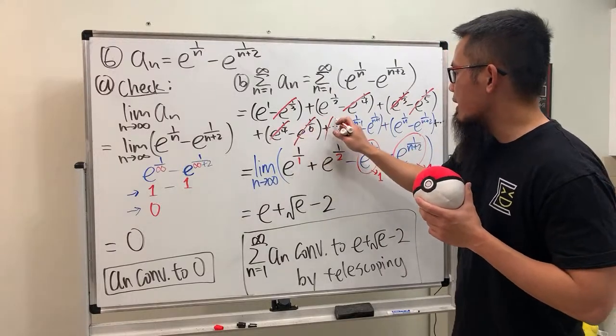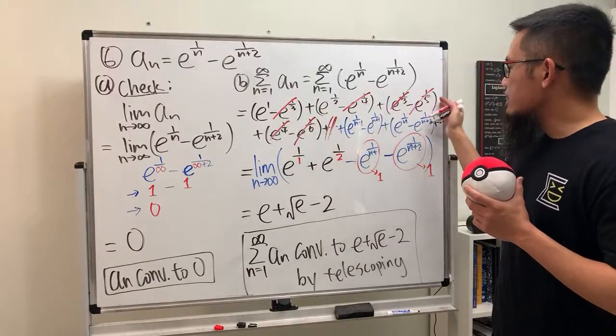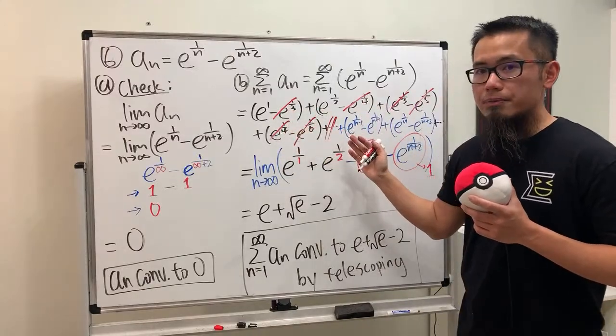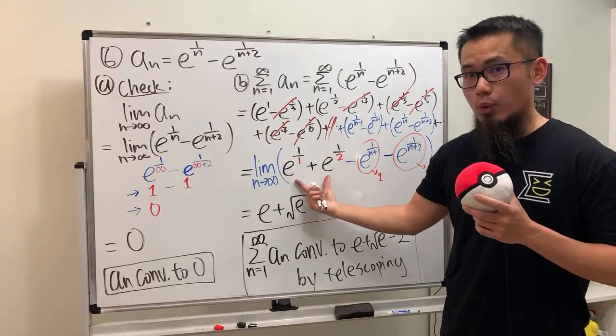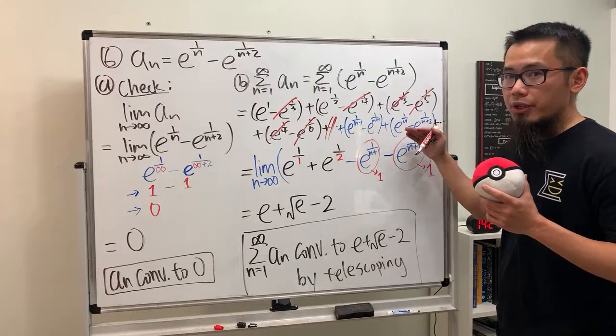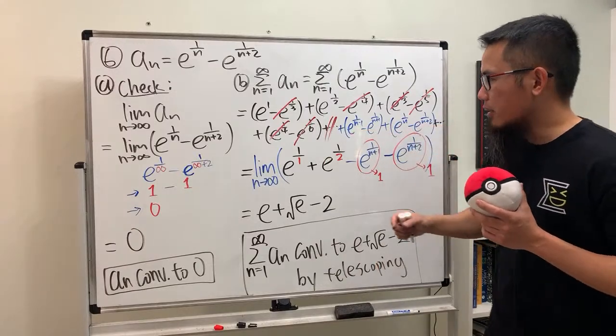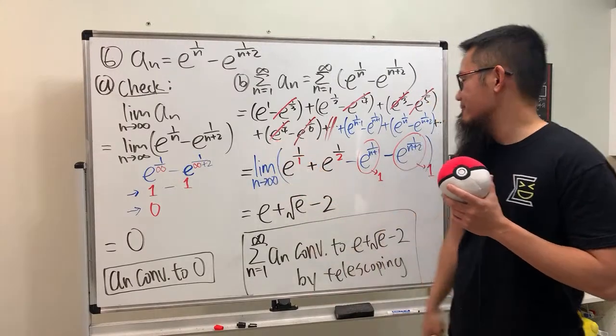This guy is going to cancel with some guy right here. So, in fact, these guys are going to get cancelled out. Now, notice that we have this and that survive. That's what we did. But don't forget that you also have to pay attention to the nth term right here. And as I said earlier, in the parentheses right here, this guy gets cancelled out first.